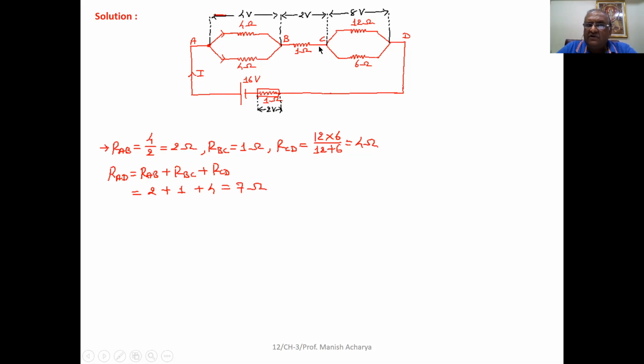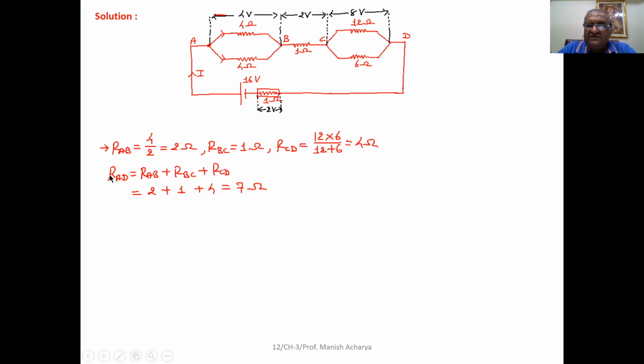Now resistance across BC is simply 1 ohm as it is. Then across C and D, 12 ohm and 6 ohm are parallel. So resistance across CD is equal to 12 into 6 upon 12 plus 6, it will come to 4 ohm. Then we can say all these three are in series.